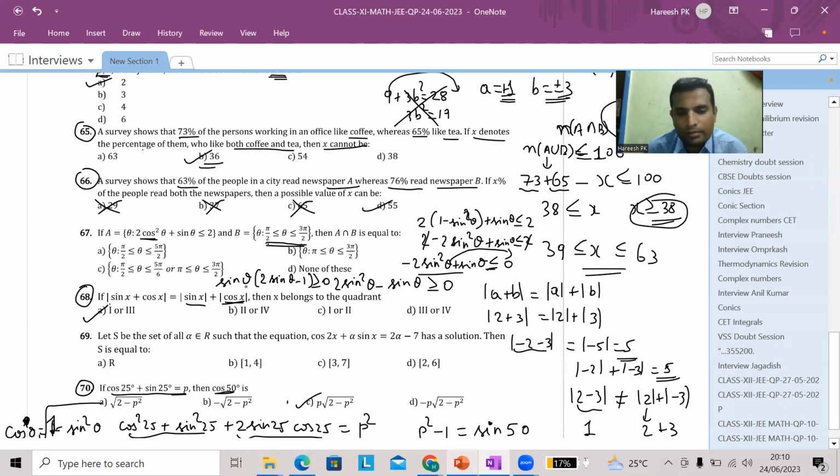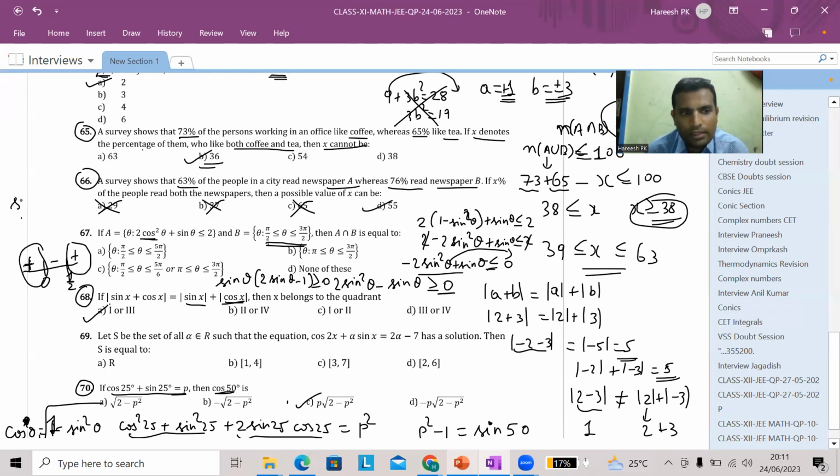So now what does the wavy curve method say? Once you factorize roots, you should plot. So roots are sine theta equal to 0, sine theta equal to half. So always on the right side, it will be positive, then negative, then positive. So now the solution for us is, because we want it to be greater than 0, this region and this region.